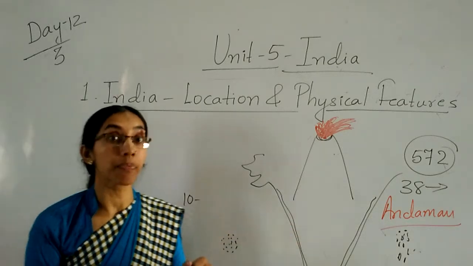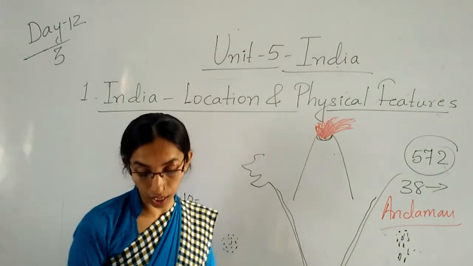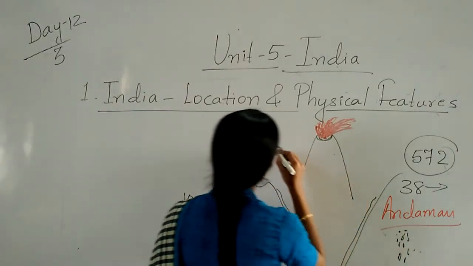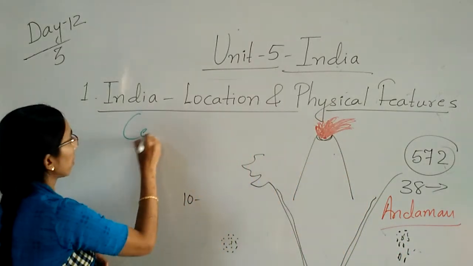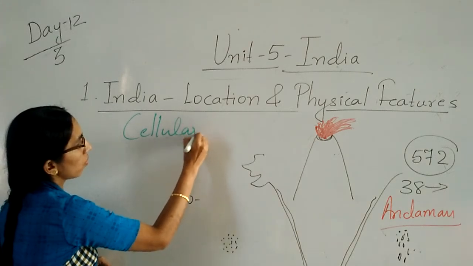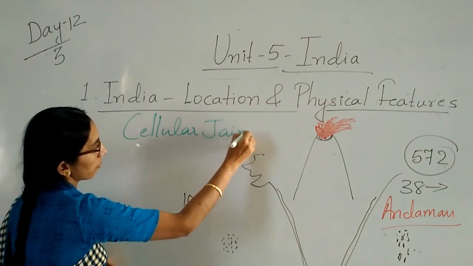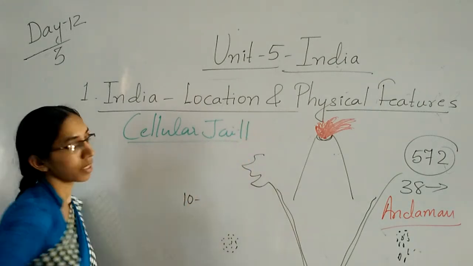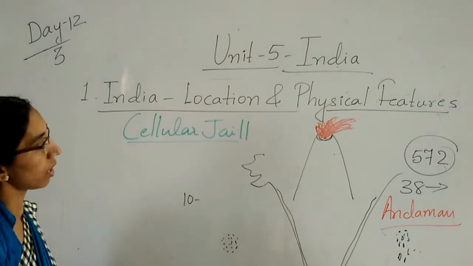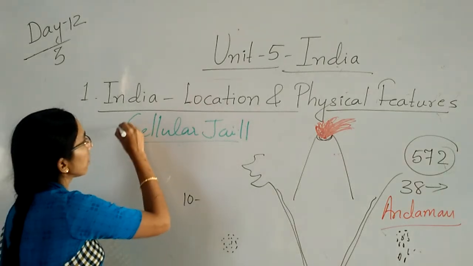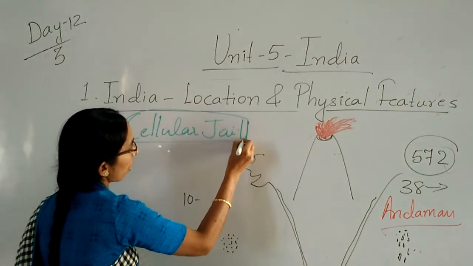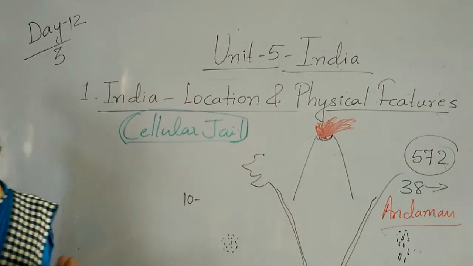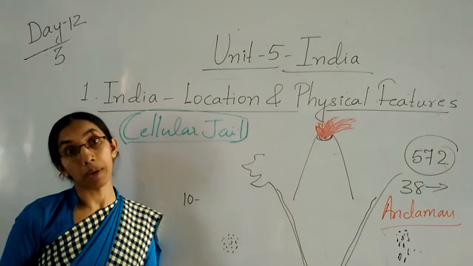Near the Andaman, in the Andaman and Nicobar Islands only, we can see the cellular jail also. This jail was constructed in the time of the British government.